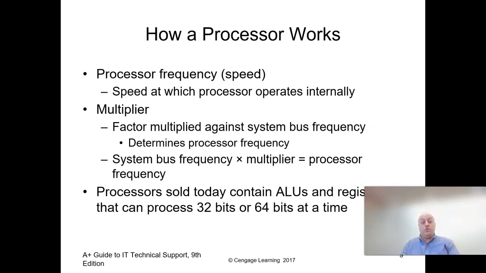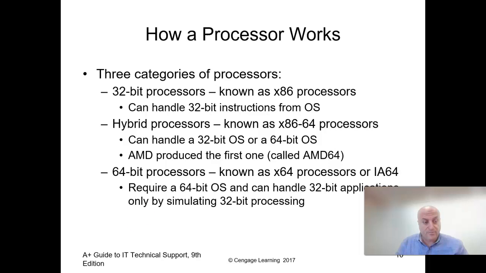Processors sold today contain ALUs and registers that can process 32-bit or 64-bit at a time. There are three categories of processor. The 32-bit processor, known as 86 or x86, can handle 32-bit instructions for the operating system.